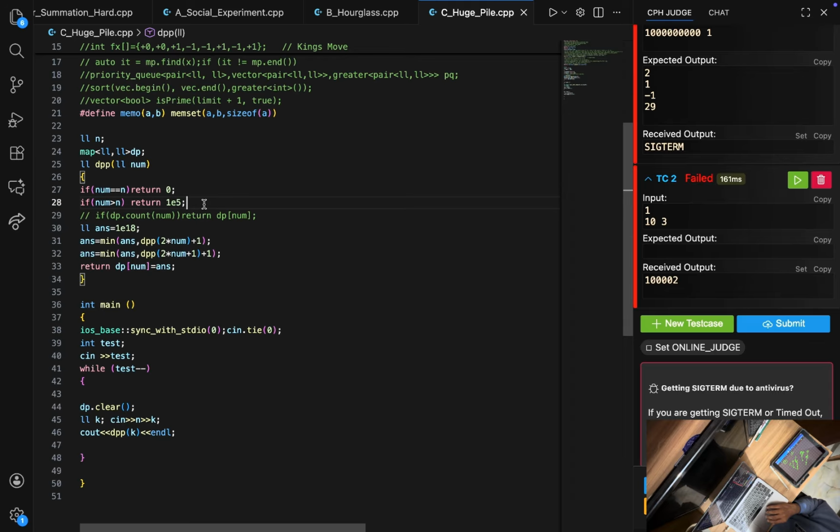Makes sense. Greater than, return a huge value. Answer equal to minimum of answer comma DP 2 into num plus 1 for the operation. Answer DP to num plus 1 plus 1. Yes, correct.